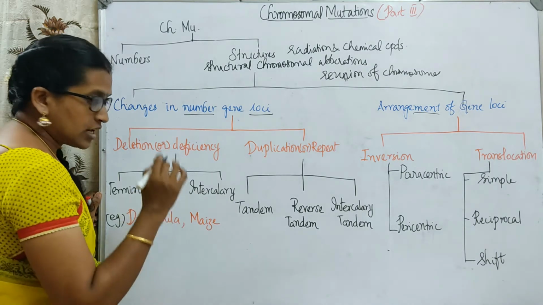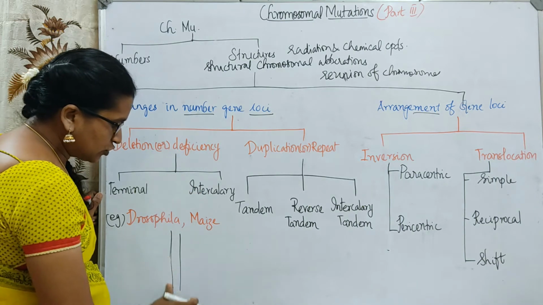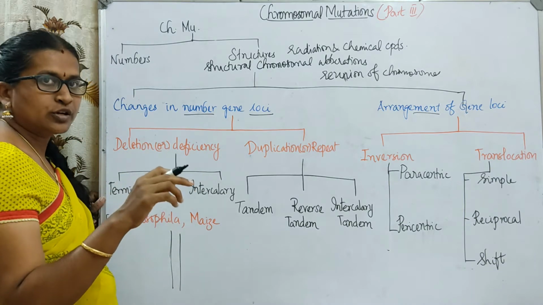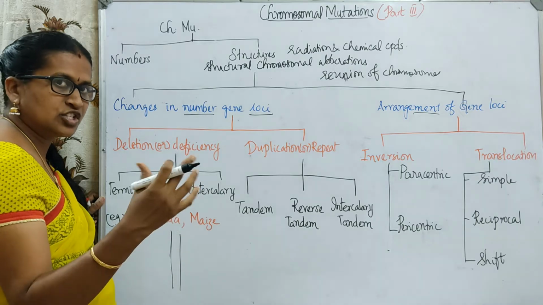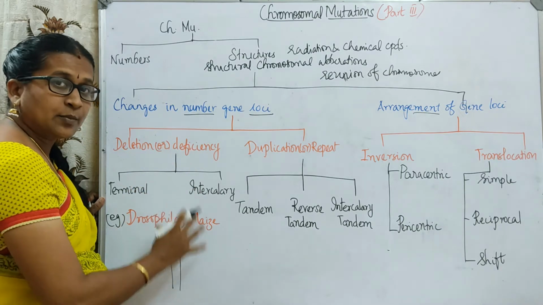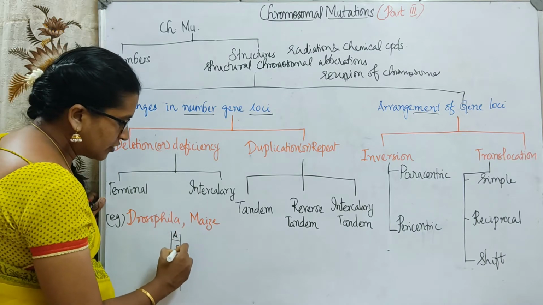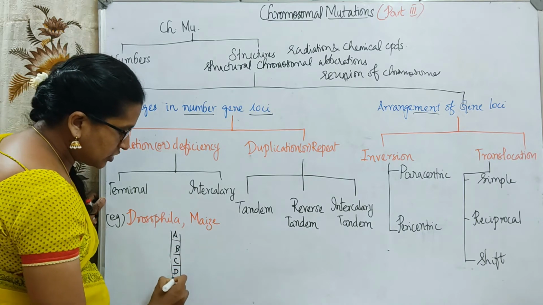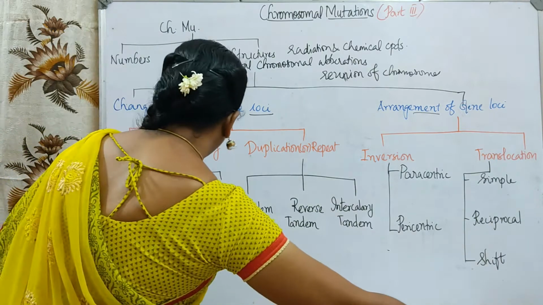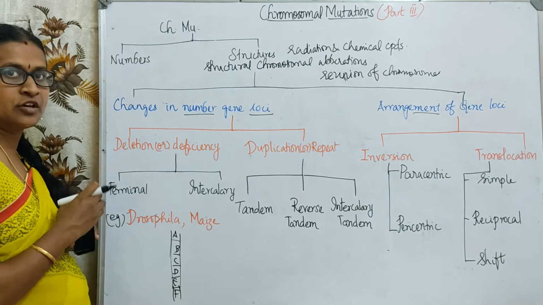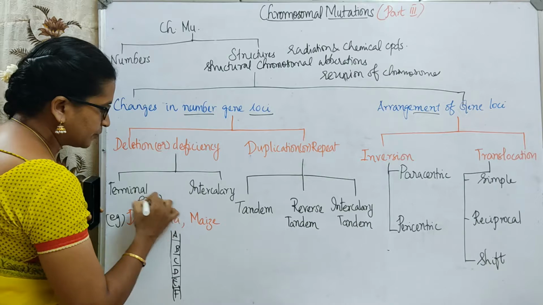A simple way to explain: we all know that nucleotides are arranged as A, T, G, C, A, T, T, T, C, C, G, G and so on. For a general example, I am going to write alphabets: A, B, C, D, E and F. When it is a terminal mutation, the word itself tells you what is meant by terminal: it is an end.